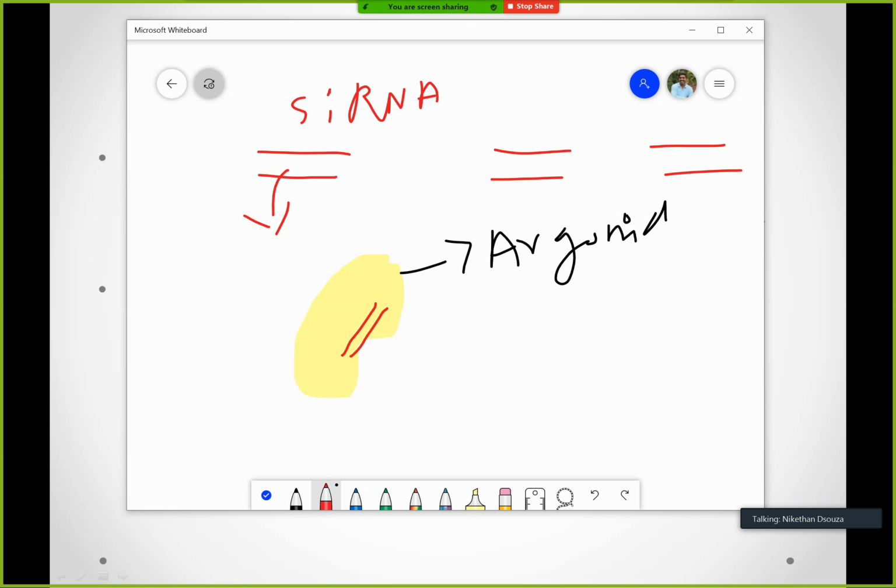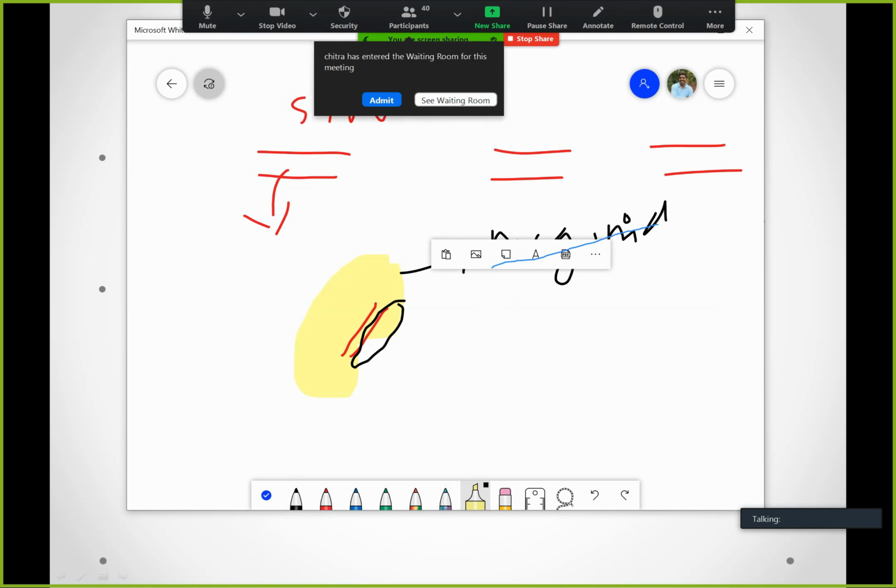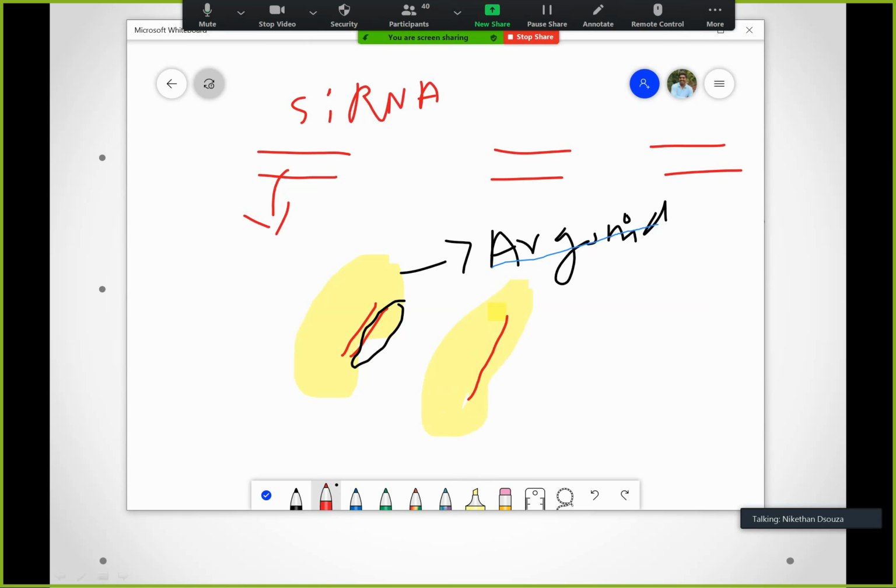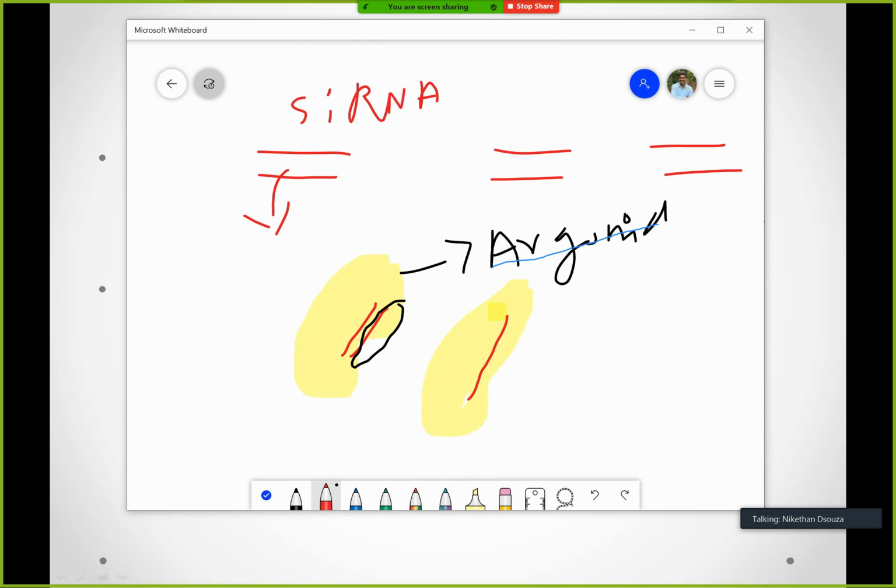What is the function of the organoid? It degrades one strand and keeps only one strand, so that the organoid has only a single RNA.